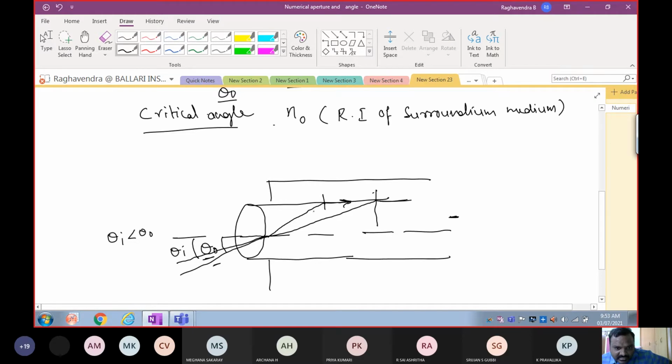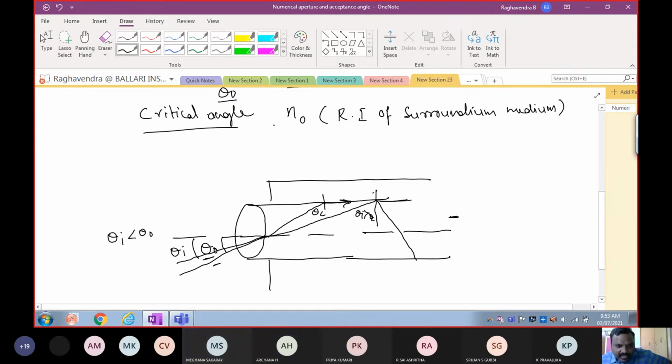See here, this is the critical angle, but here the angle of incidence is greater than the critical angle. Therefore, it undergoes total internal reflection. Have you understood this? Yes, sir.